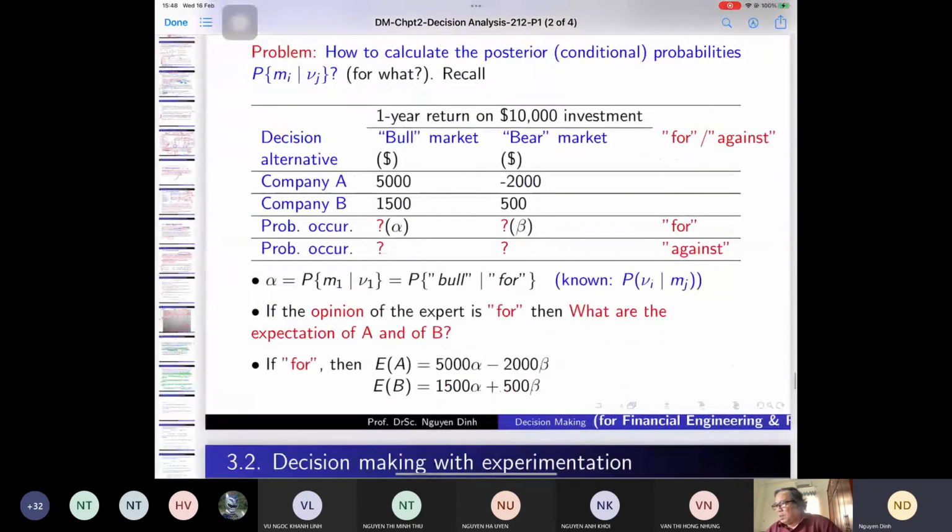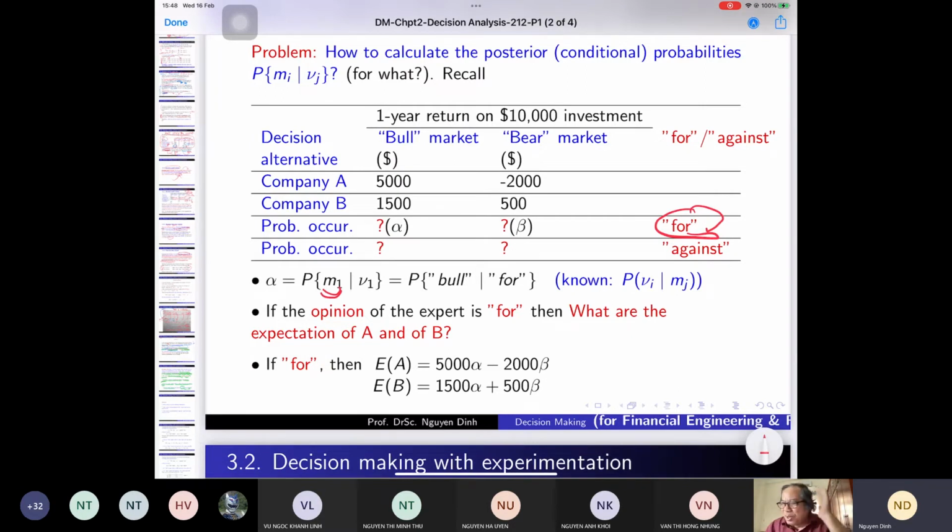If he says 4, is that okay? Then what is the probability of the bull market? What is the probability of the bear market?